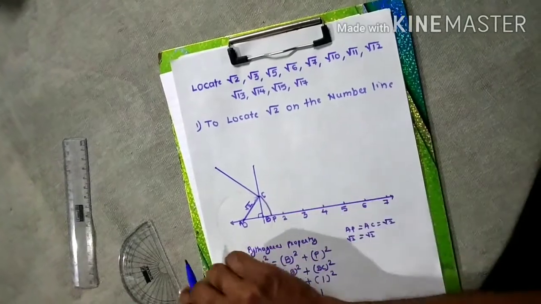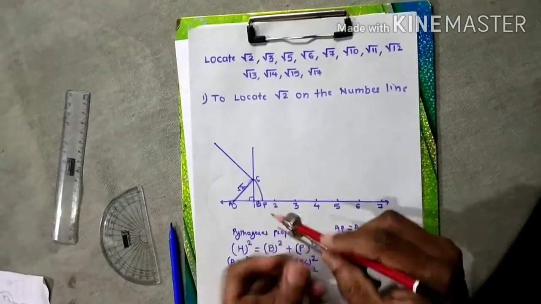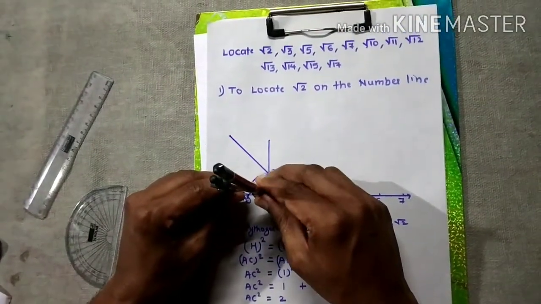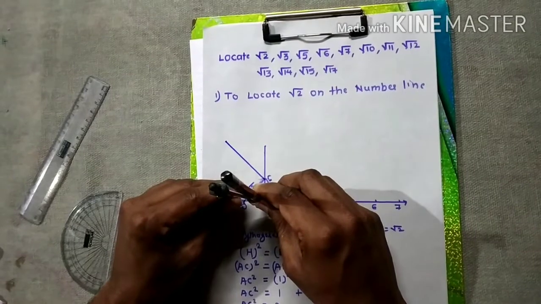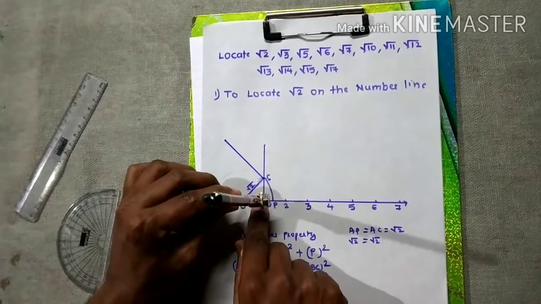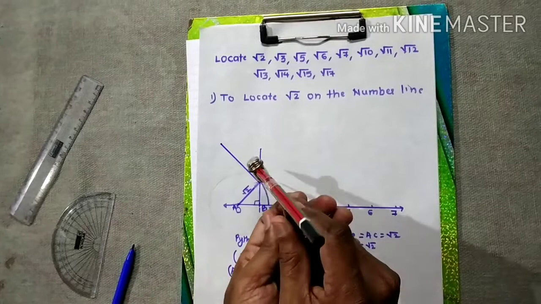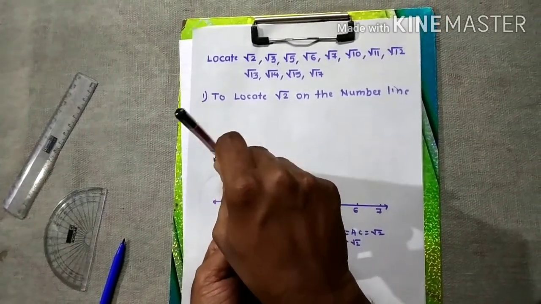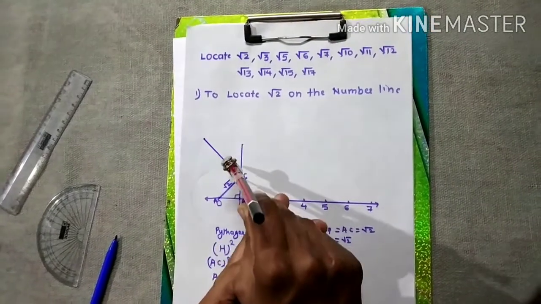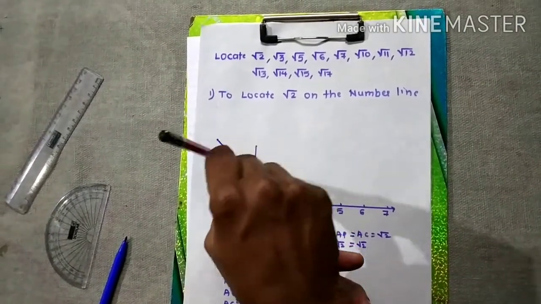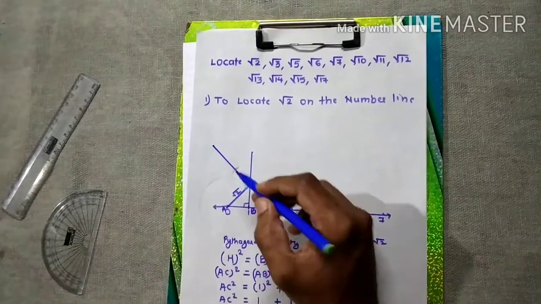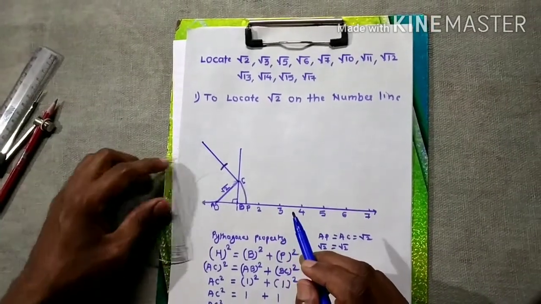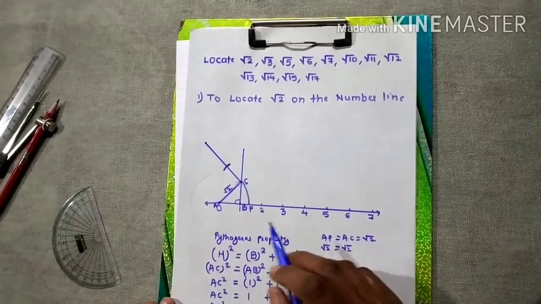Then next we have to cut the distance of 1 unit. So this is the distance of 1 unit. Then we have to cut here this 1 unit by keeping the compass at the point C. So this is the point where I have cut the distance of 1 unit.